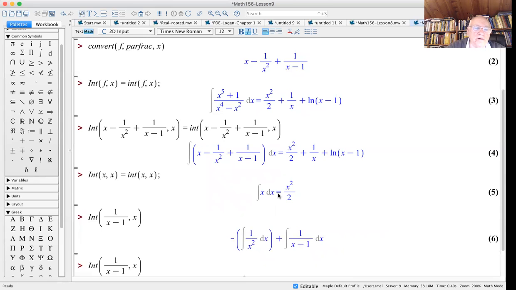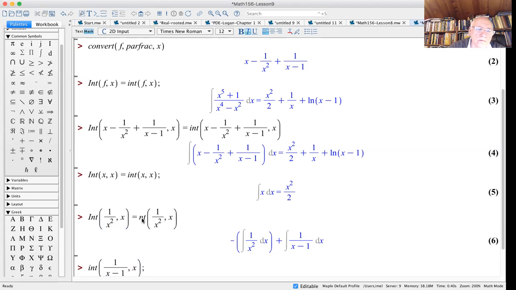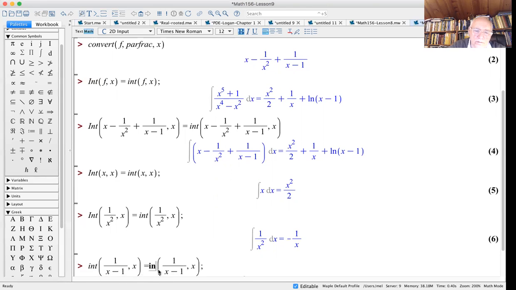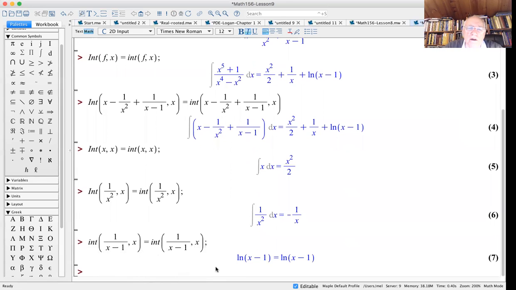So this is the integral of X. This is the integral of 1 over x squared. Oops, this should be a capital I.